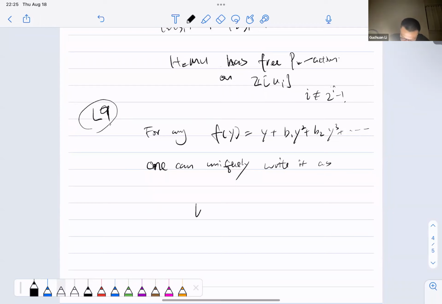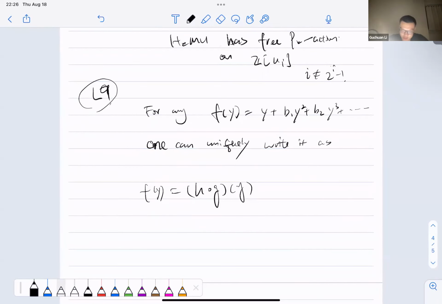So I want this to be h composed with g of y, where g is a formal power series with coefficients in all the a_i's I introduced above.